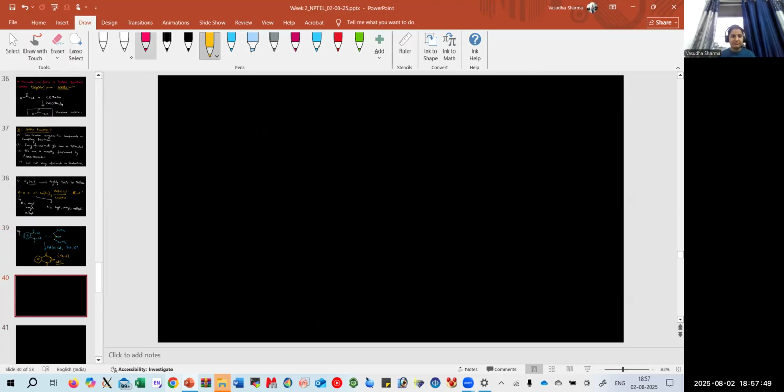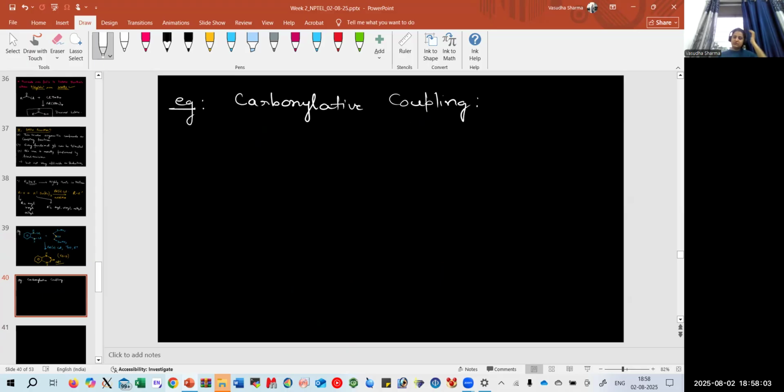Now, another example of the Stille reaction is that it also undergoes carbonylative coupling, which is not possible with Kumada, but Suzuki can do that. Here is Ph, which is phenyl, this is the iodide, and Bu3Sn.